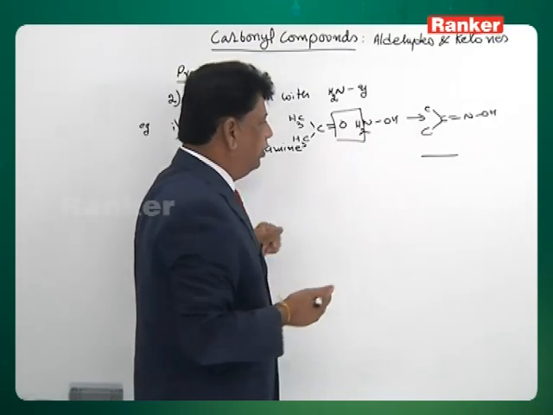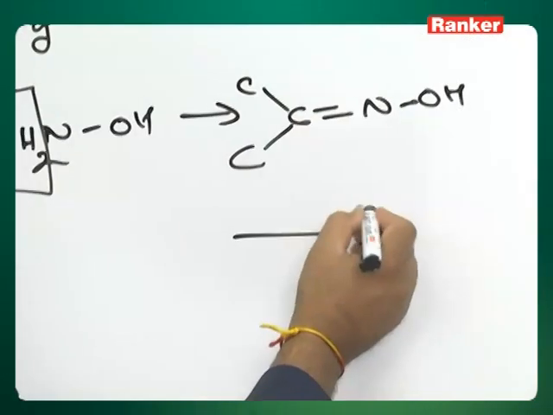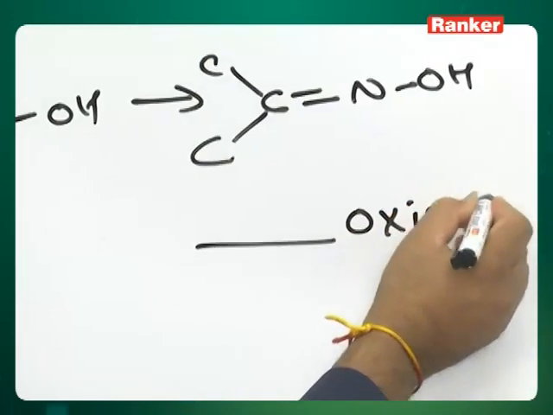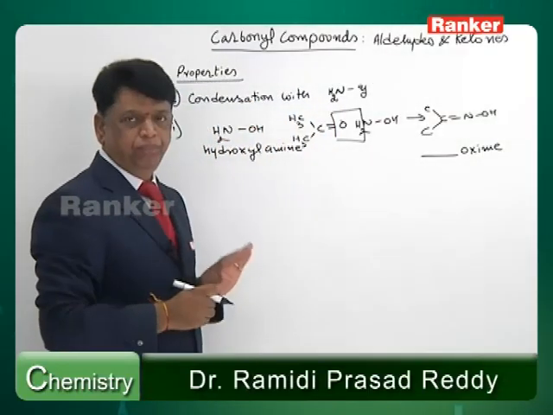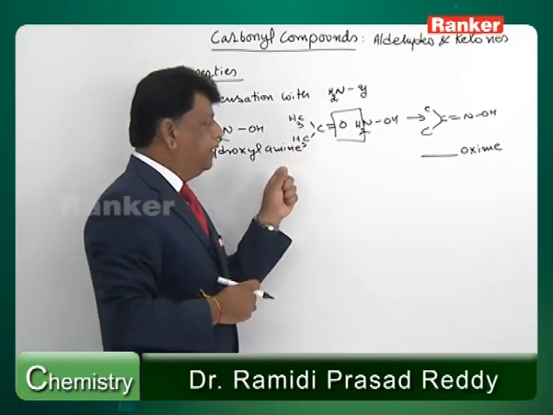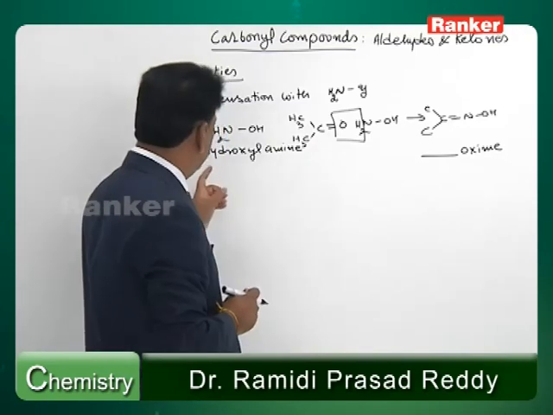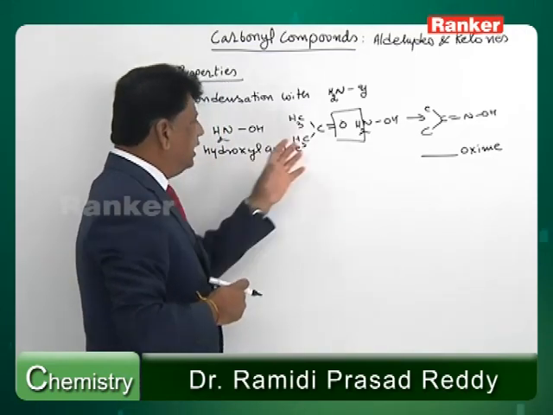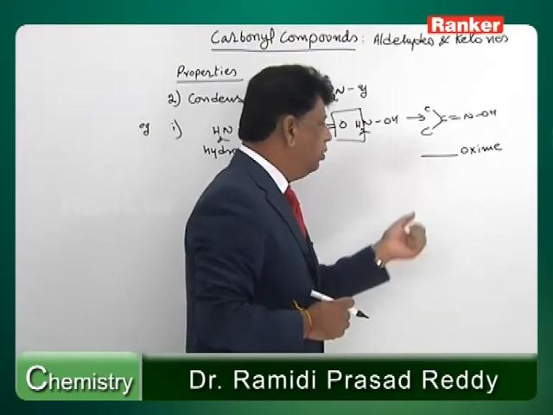And these hydroxylamine products are called oximes. So, you call this acetone oxime, the common name, or the IUPAC name, propanone oxime. So, a question may be asked: any carbonyl compound, when you add hydroxylamine, the products are known as oximes, right?